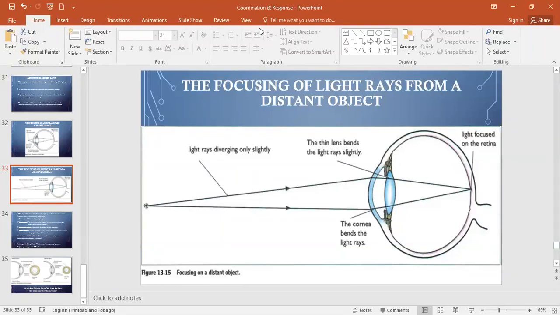You all have any questions? You all understand how focusing on a nearby and a distant object works, how the light is bent, sorry.